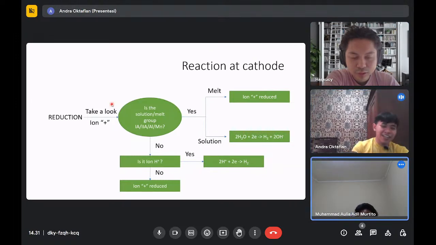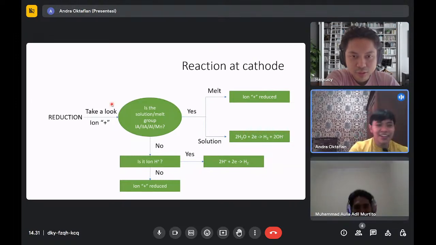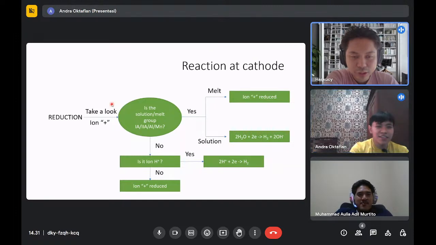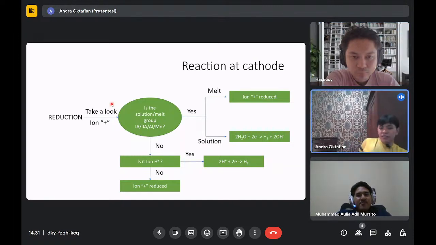So take a look at the ion plus. There is a question for you: is the solution or melt a group 1A, 2A, aluminum, or manganese? If the answer is yes, then is it a melt or a solution?